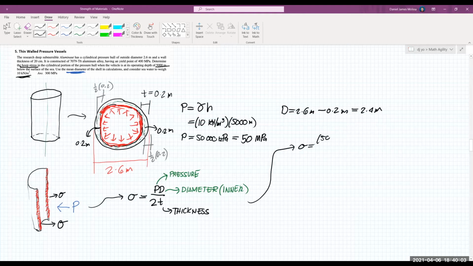We have 50 megapascals times the mean diameter, 2.4 meters, divided by 2 times the thickness of 0.2 meters. So the unit meter will be cancelled, and we will arrive with a stress unit, megapascals. Simplifying that using our calculators, we have 300 megapascals. So this is the hoop stress for the given problem.